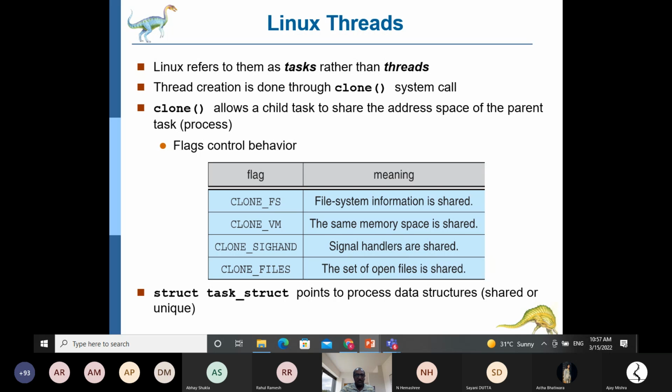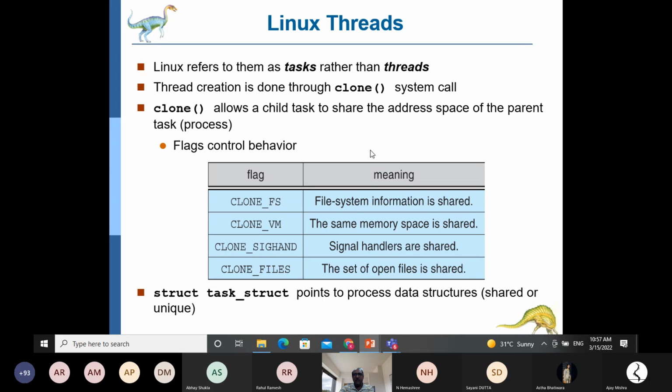Some processes may share certain things and not share other things. So we have seen that in case of child and parent, the resources can be completely shared, partially shared, or not shared at all, right? That way you can see how thread creation is different in Linux compared to the process, and both appear to be similar.